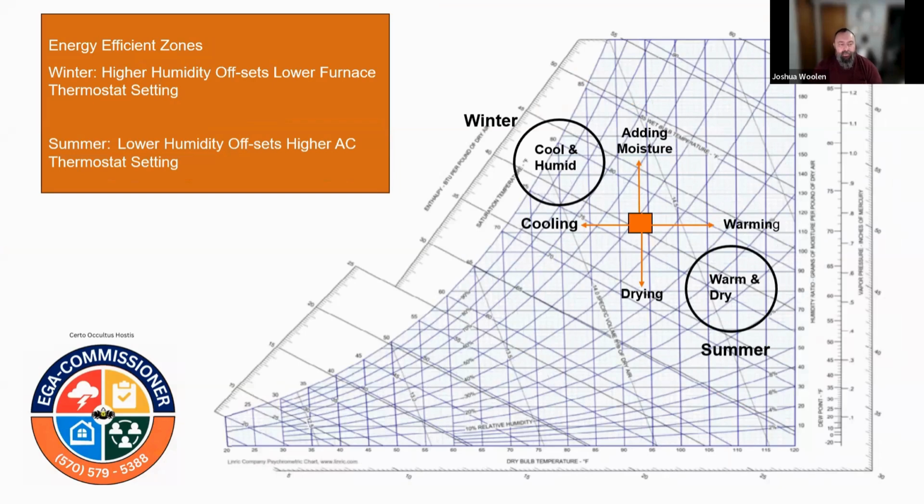Now, this is another example of a building's comfortability. As you can see, it talks about the warm and dry environments, the cool and humid. It's letting us know when we are adding moisture, when we're drying, cooling, and warming.